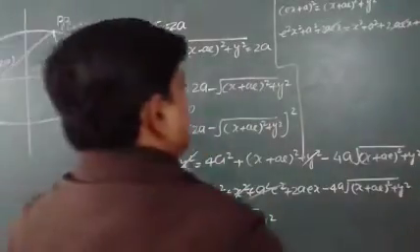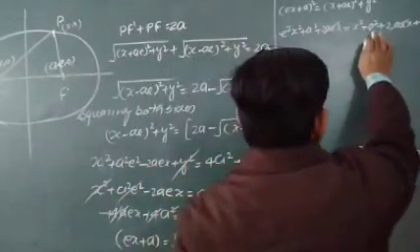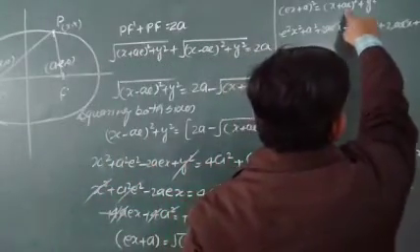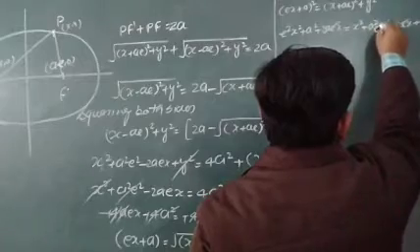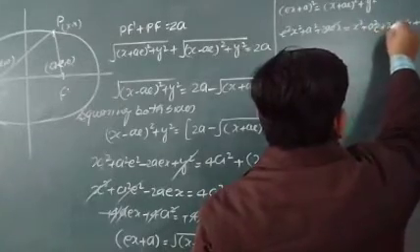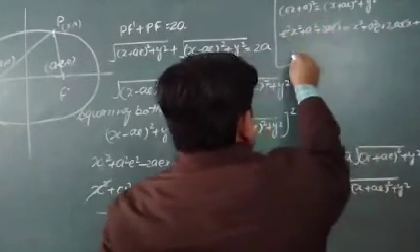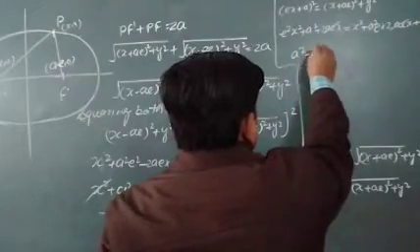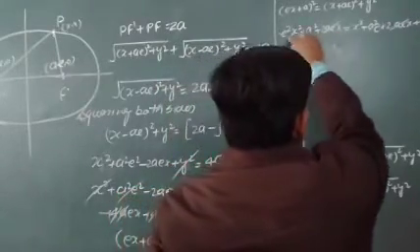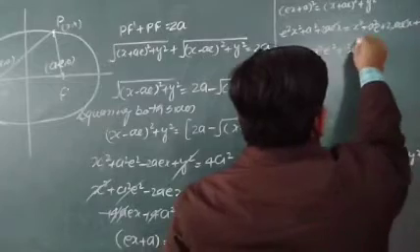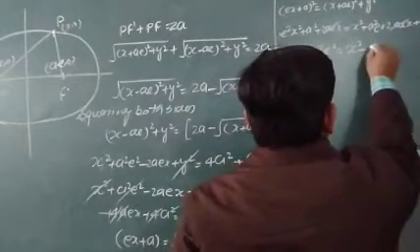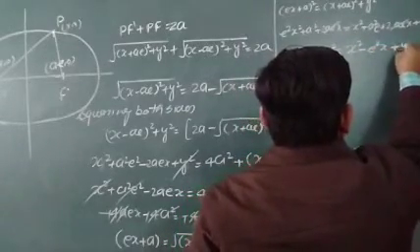When I transpose all these things, one thing I think here, a square e square will be there. That was written wrongly. Now it can be transposed to this side. So I have a square minus a square e square, and this one transposed to this side, x square minus e square x square and plus y square.